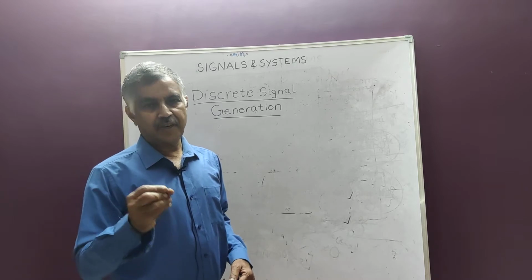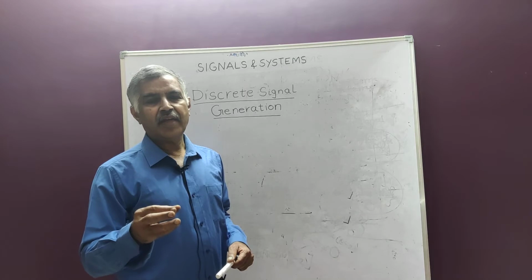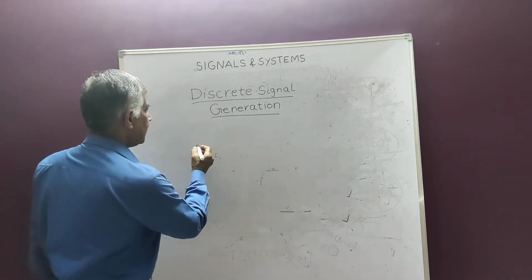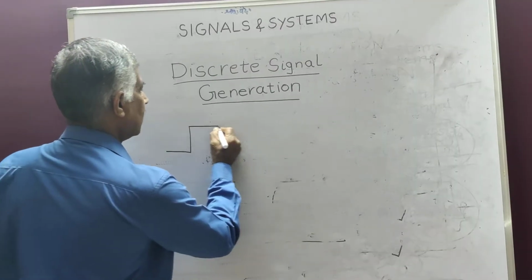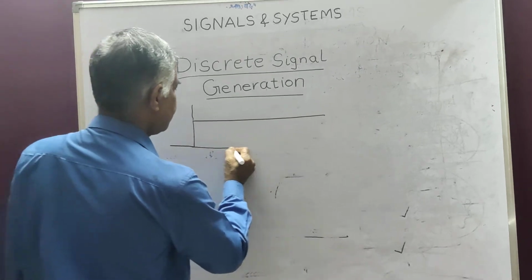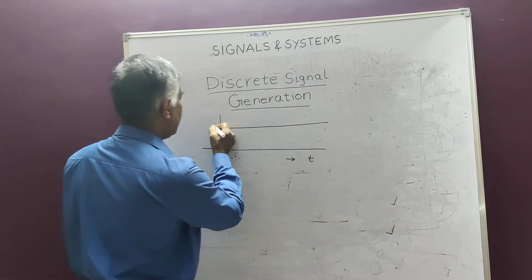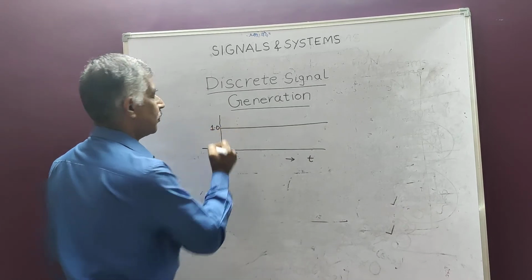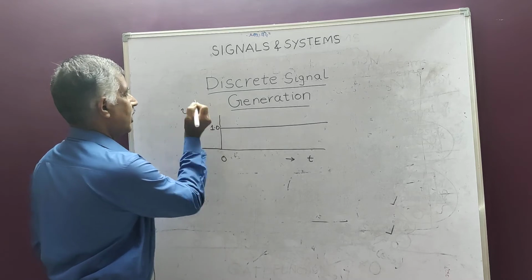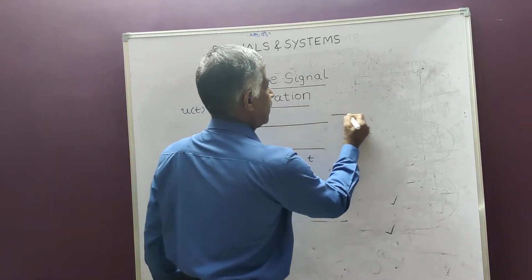I will take a step function and sample it, and thereby generate what is known as a discrete signal. So this is a step signal. As you know, this is a step signal, 0, this is t, and this is the unit step function, u(t), and we can sample this.